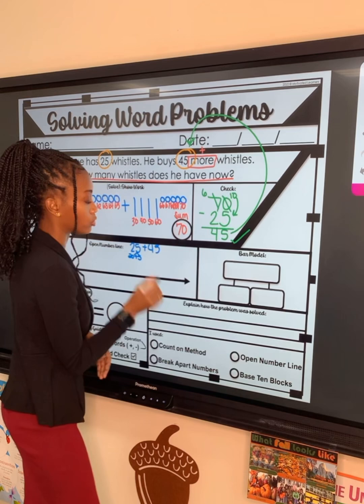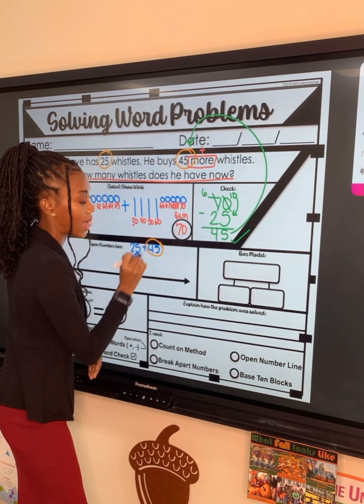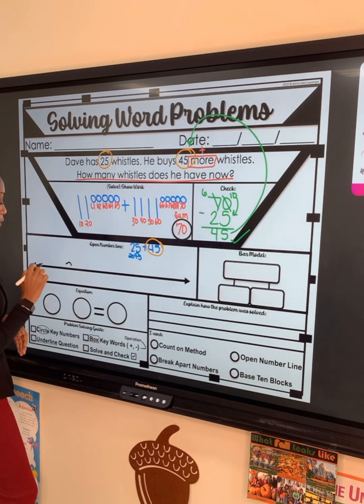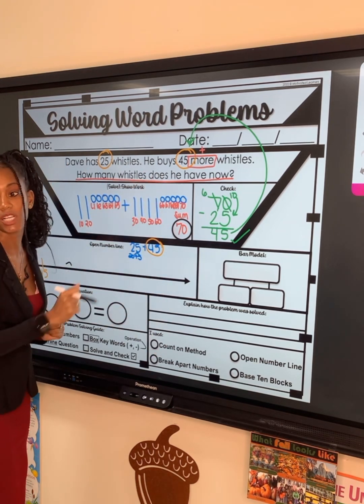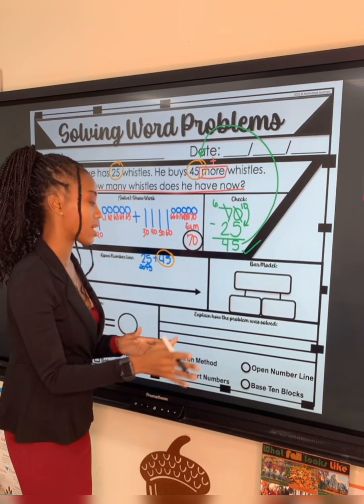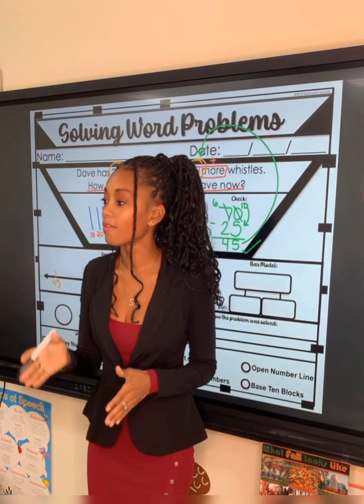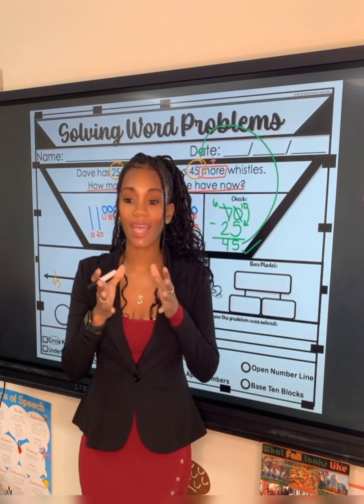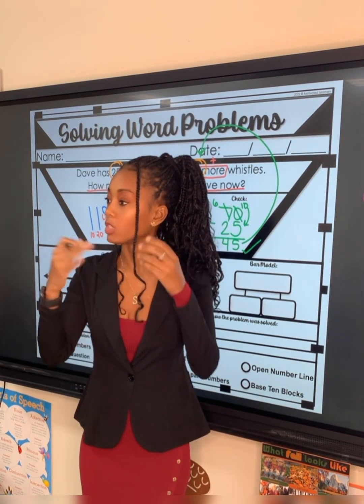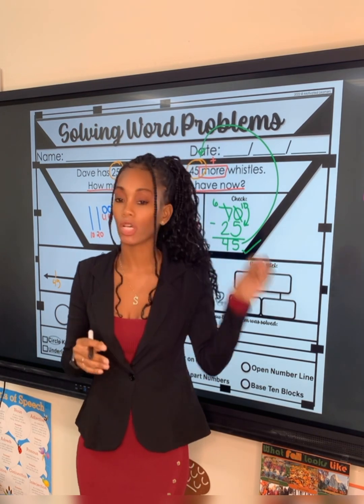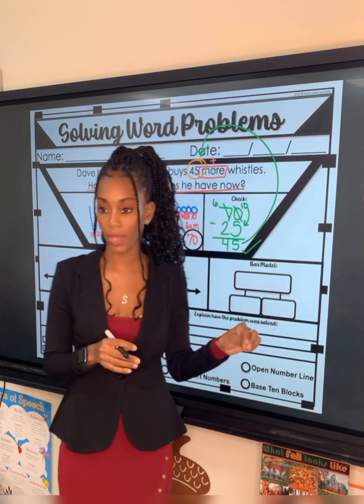I am going to start my number line at the highest number, which is 45. So 45 goes right here, and we're going to the right because we are adding. So even though we said we broke apart the 25, for those of you that need more of a visual, I'm going to break that down into jumping by tens.